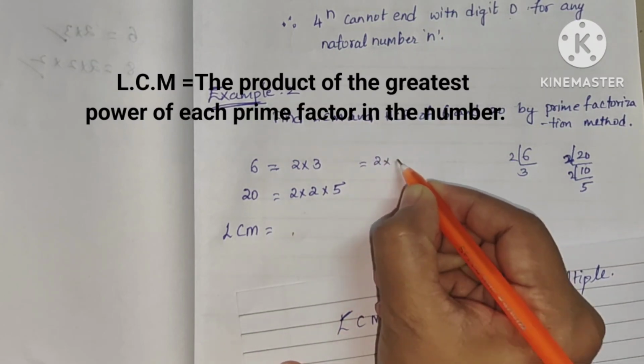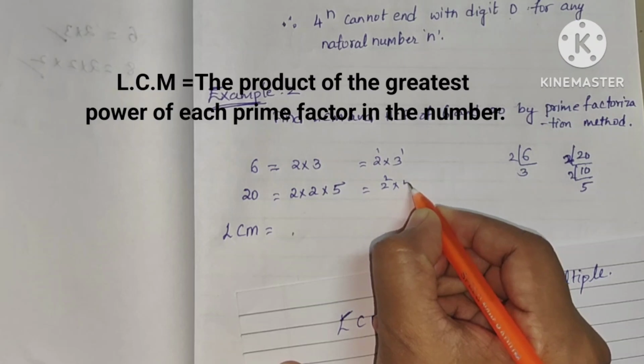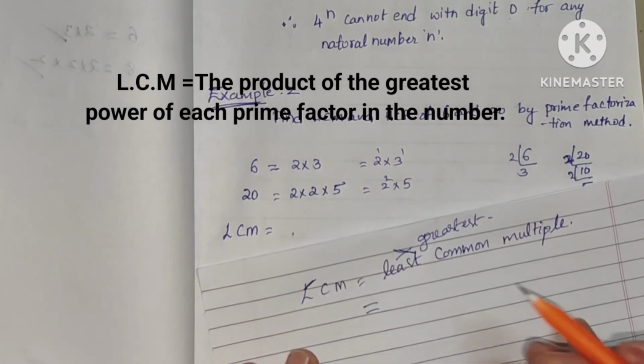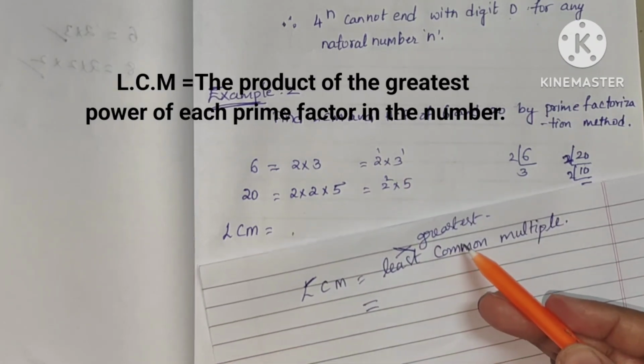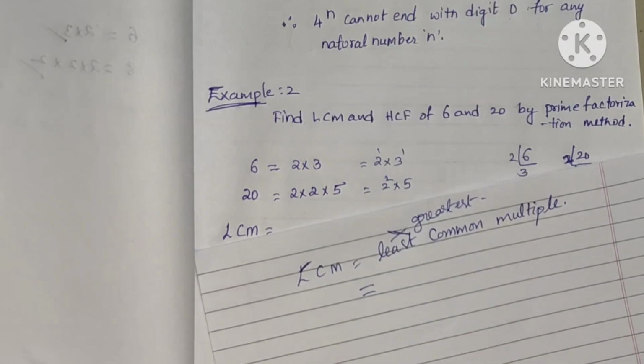So it's 2 power 1 into 3, and 2 square into 5.